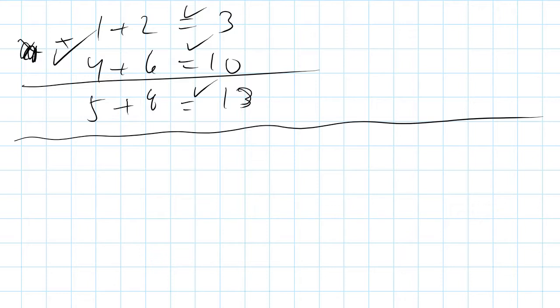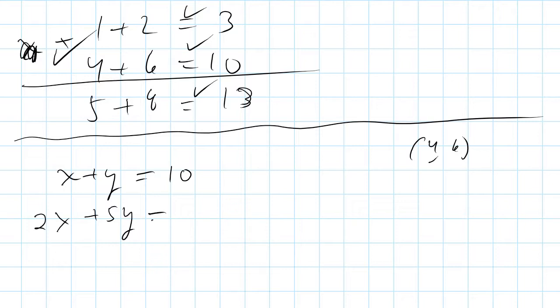I find it interesting. But what about a two-variable equation, like x plus y equals 10? Well, that's not true or false. That's just like a thing that's true for some points and false for other points. One of the points it's true for is 4, 6. Okay, here's another equation: 2x plus 5y is 38.